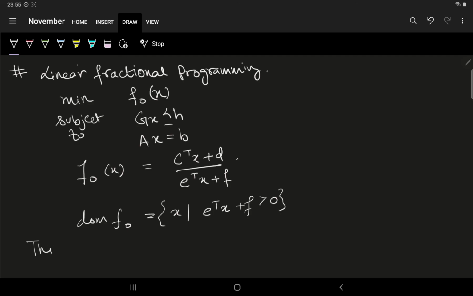The objective function f naught is quasi-convex and quasi-concave.